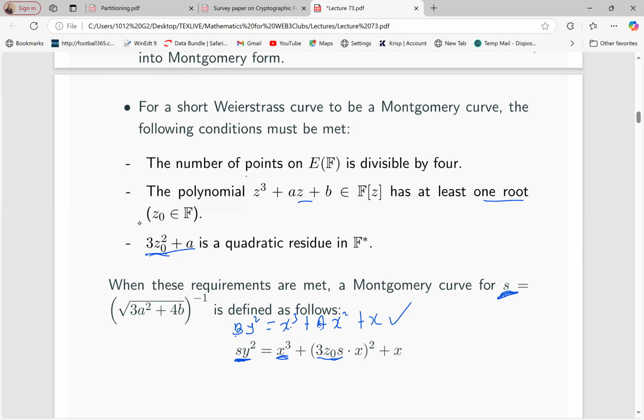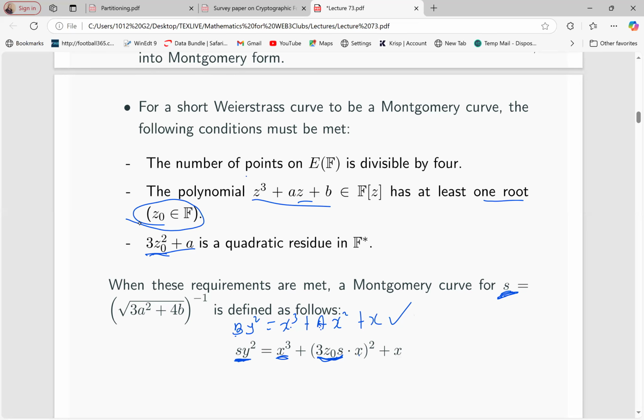this square. Is equal to 3 z naught. Remember, z naught was our value of z here. So 3z naught times s, then multiplied by x, and you square the whole thing.